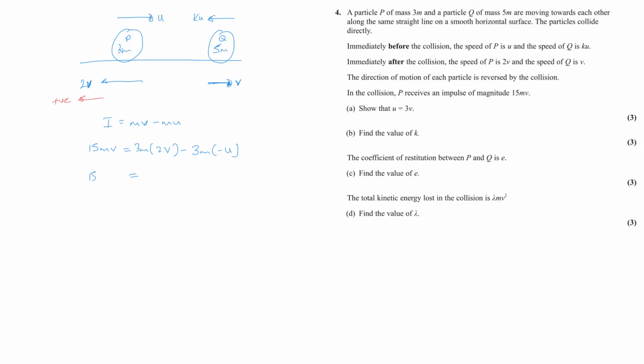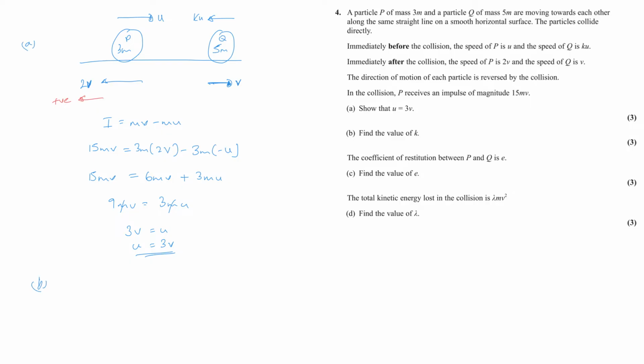So that's 15mv equals 6mv plus 3mu, or 9mv equals 3mu. Cancel the m's, divide by 3, we get 3v equals u, or u equals 3v. So that was part A.